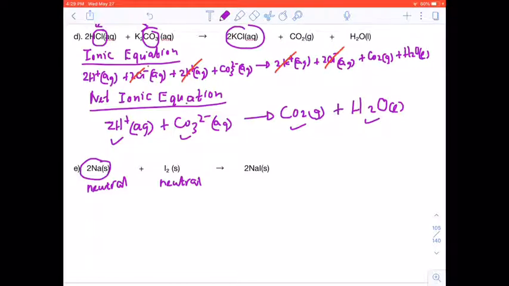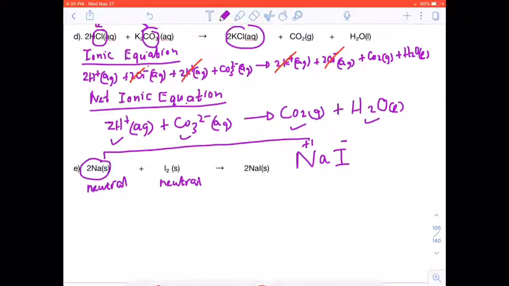But here, if I just tease this out slightly here, NaI, we know in here Na is plus and we know I is negative. So what has happened? If this is neutral, it then became positive. If it became positive, that means it lost an electron, right? Lost an electron.